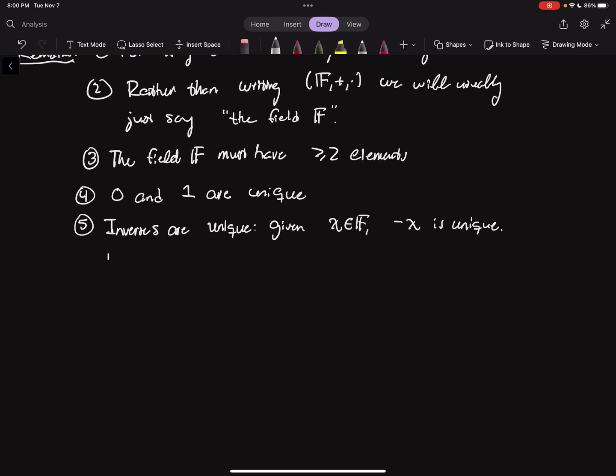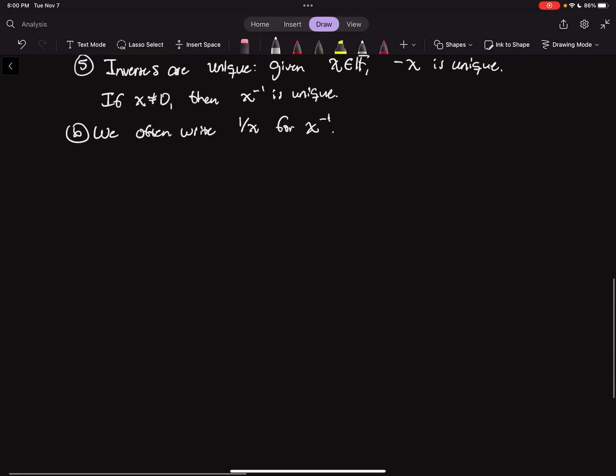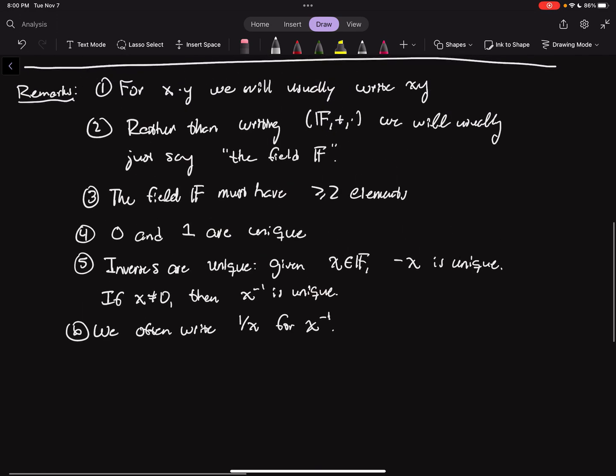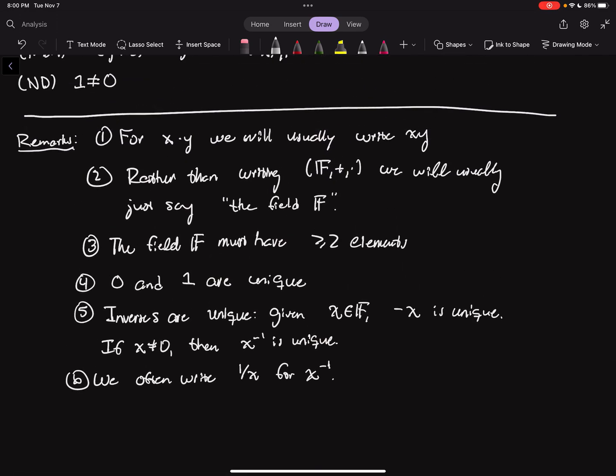And if x is non-zero, then x to the minus 1 is unique. And finally, we often write 1 over x for x inverse. Again, this shouldn't be too surprising. I think that's all the remarks I wanted to make.